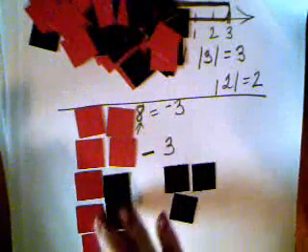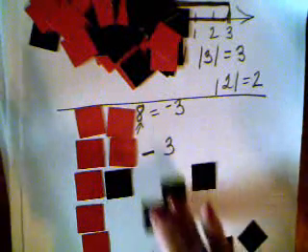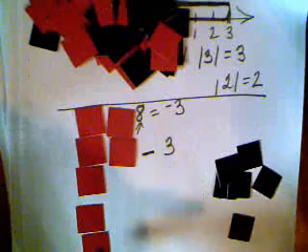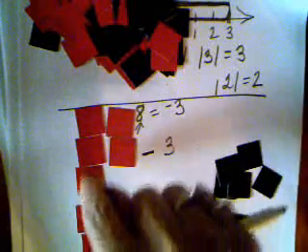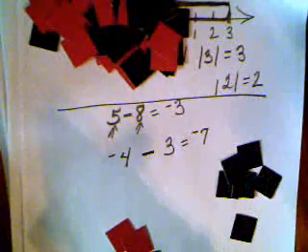A black and a red. So now I have 3 black that I can take away. Because I added the 0 pairs, I have the ability now to take away the 3 black. And I'm left with 1, 2, 3, 4, 5, 6, 7 red. So the answer is -7.